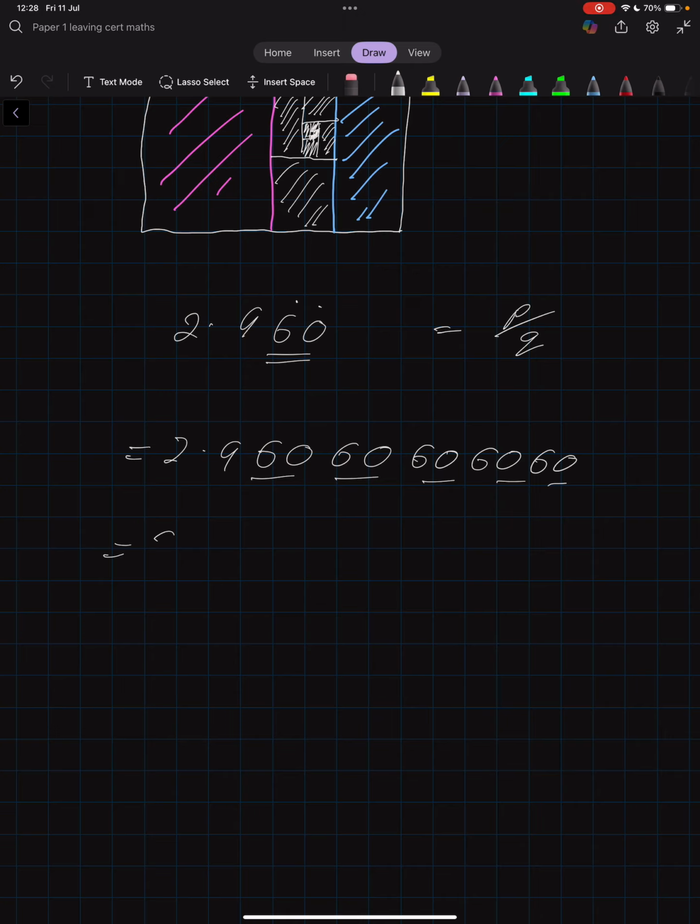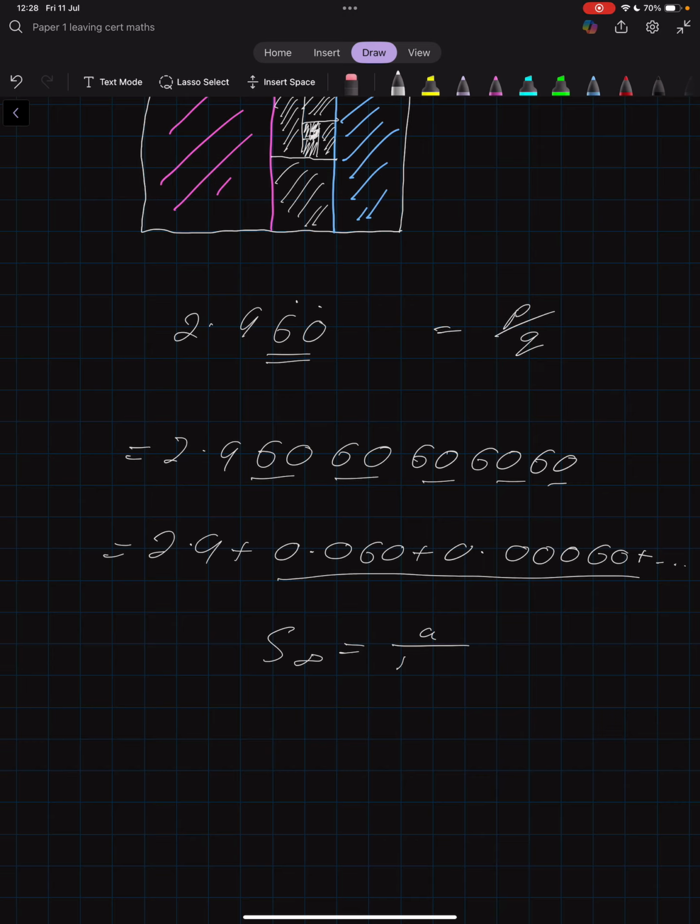So this is equal to 2.9 plus 0.060 plus 0.00060 and so on. So now this is another geometric series, which is an infinite geometric series. So again, you'd say S infinity is equal to A over 1 minus R. So A is 0.060, and R is 1 over 100.